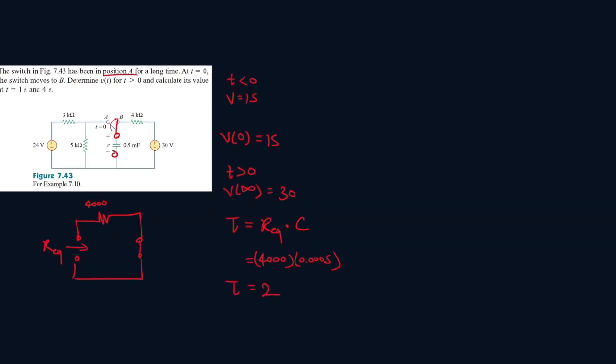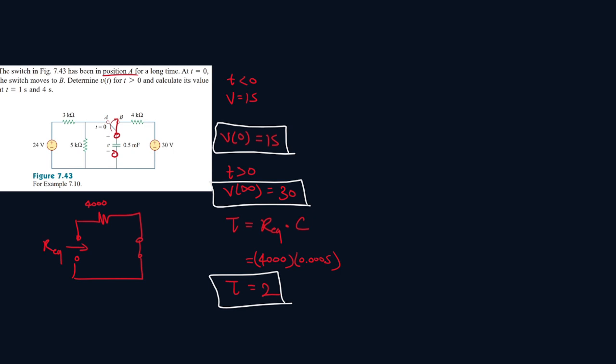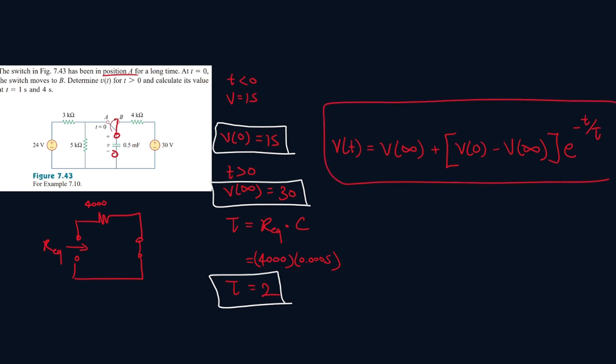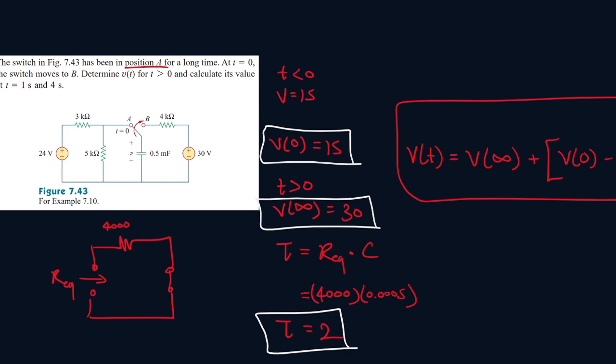And now we have enough information to find this mysterious formula I have been telling you guys about. So this formula looks like this. V of t will be equal to V infinity plus V of 0 minus V infinity times e to the power of minus t over the time constant. So this formula is used when, if you were to flip the switch, you still have some source in your circuit.